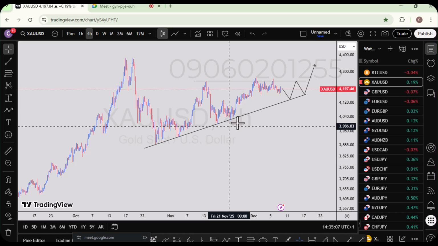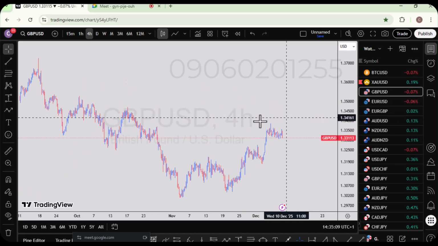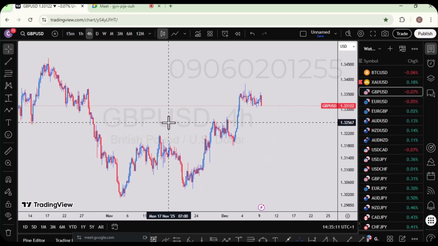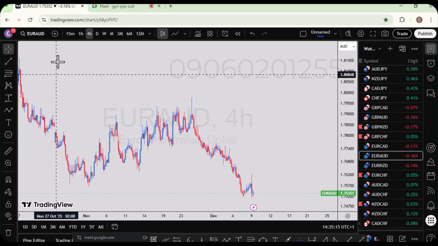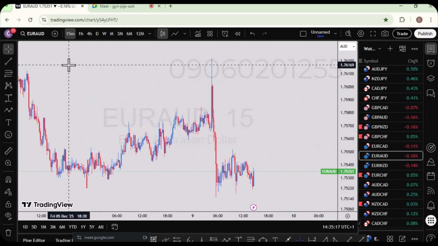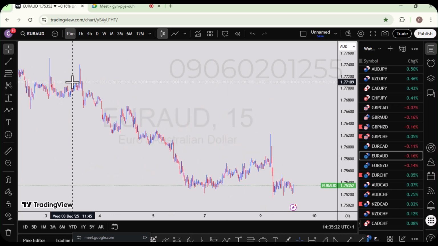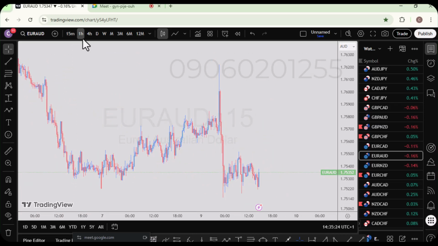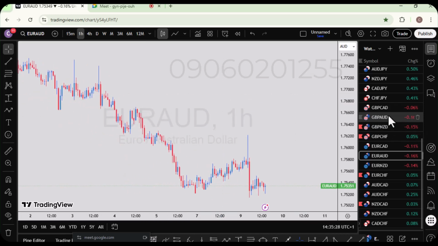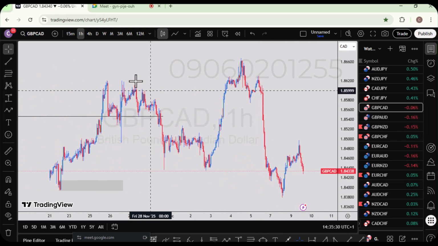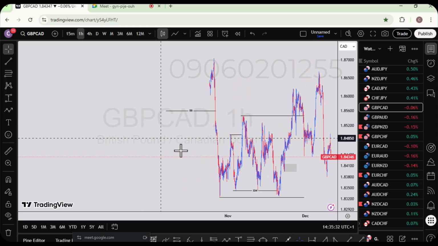Now let's look for a downtrend, a descending triangular formation. Let's zoom out.